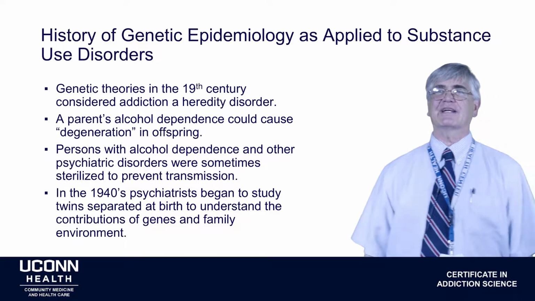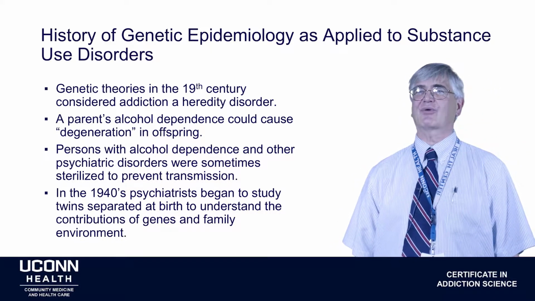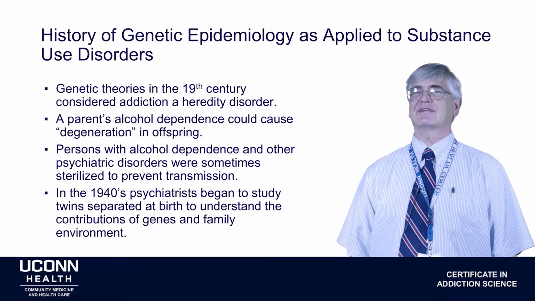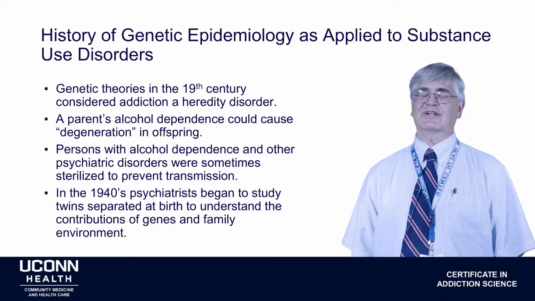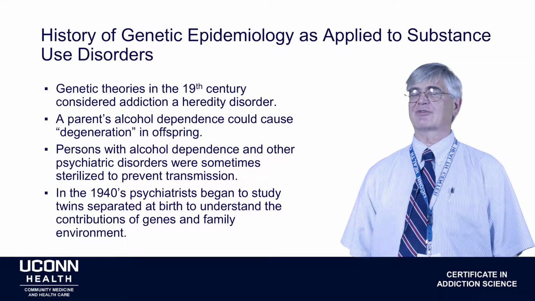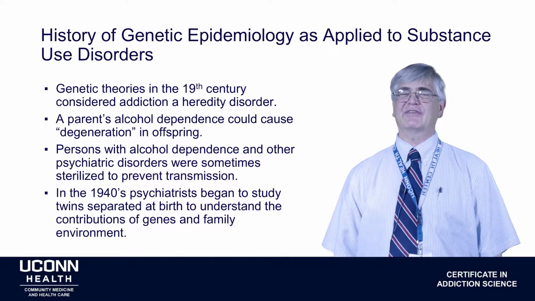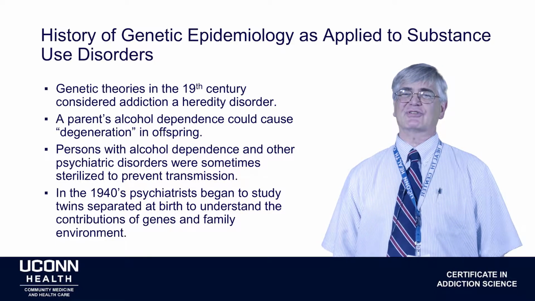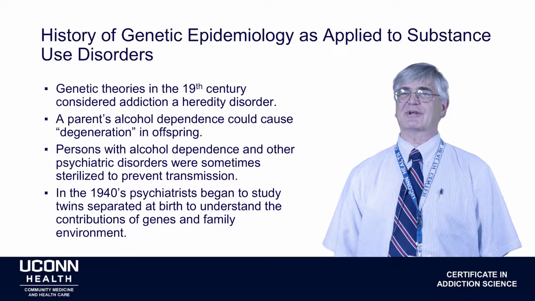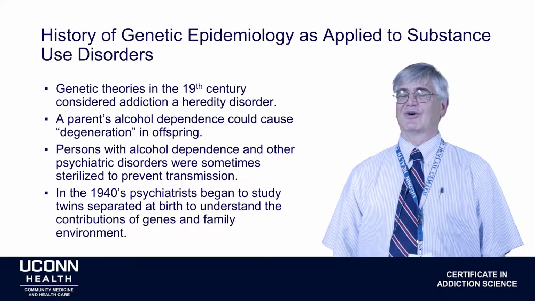The history of genetic epidemiology is quite interesting. It really started in the 19th century when addiction was considered a hereditary disorder. Now, one of the things for us to remember is that many things are hereditary, such as language. A person speaking French typically learns that from their parents, or religion.